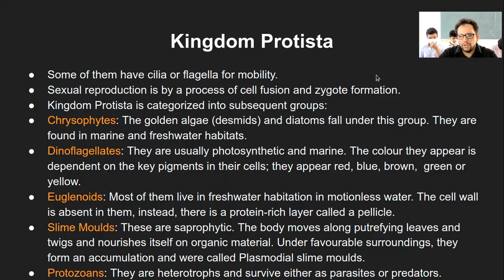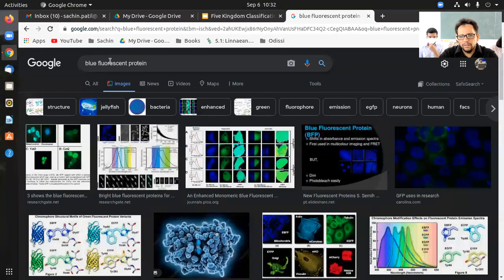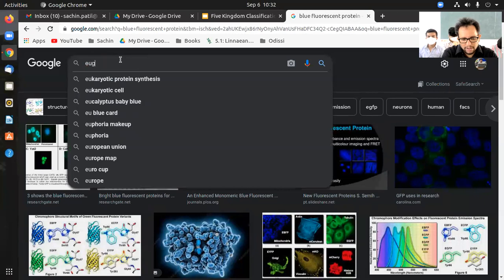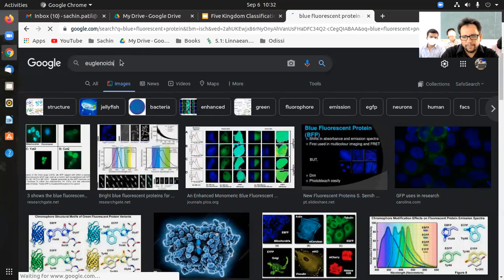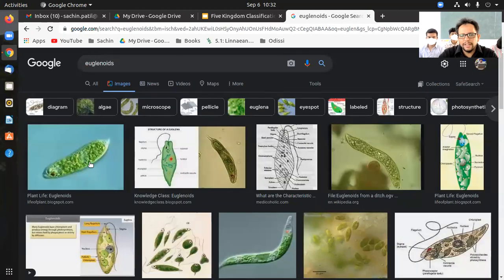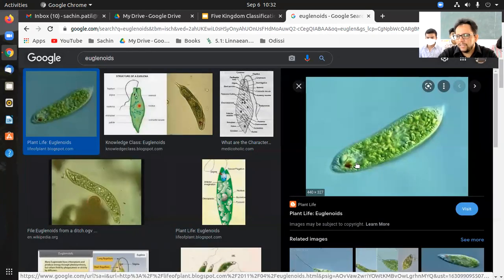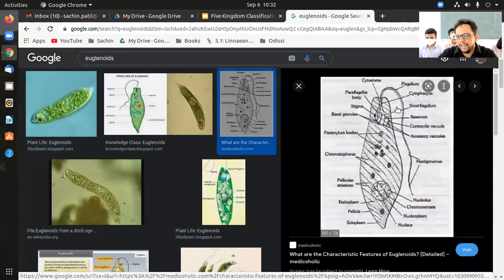I will again show you the euglenoids. So these are the euglenoids. You can see this is a typical example. The outermost wall is kind of transparent, right? That is a typical structure, and this is the diagram of a euglenoid. It has a whip-like flagellum, because it is singular, and then all the other structures within those cells.